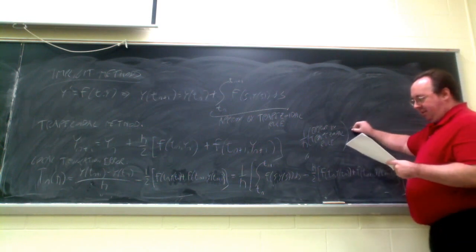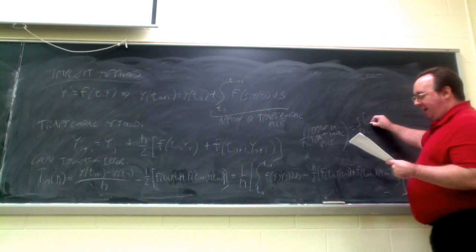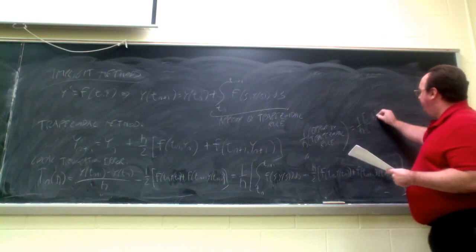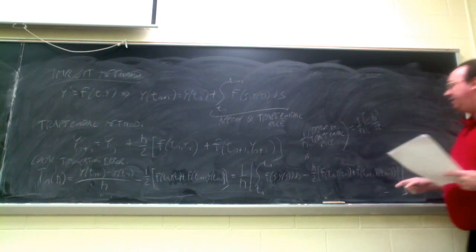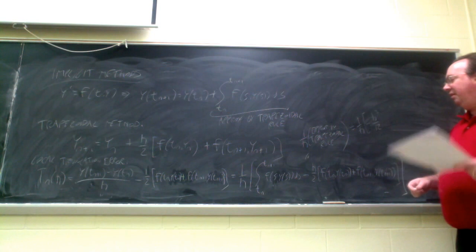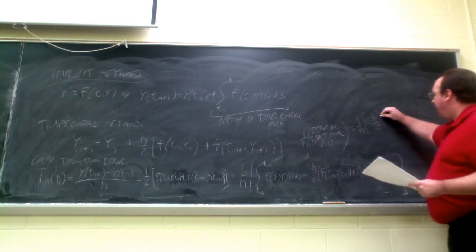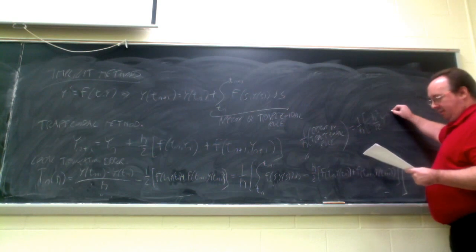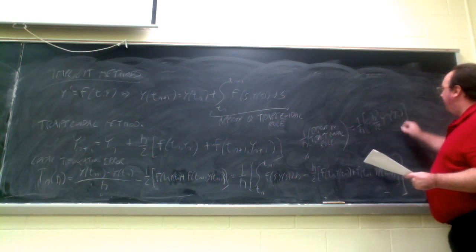So we get 1 over h times the error formula, which is minus h cubed over 12 times the second derivative of the integrand f, but that's the same as the third derivative of y, at some unknown point.